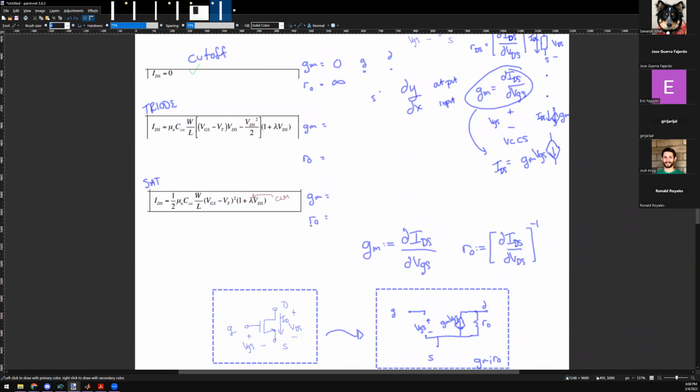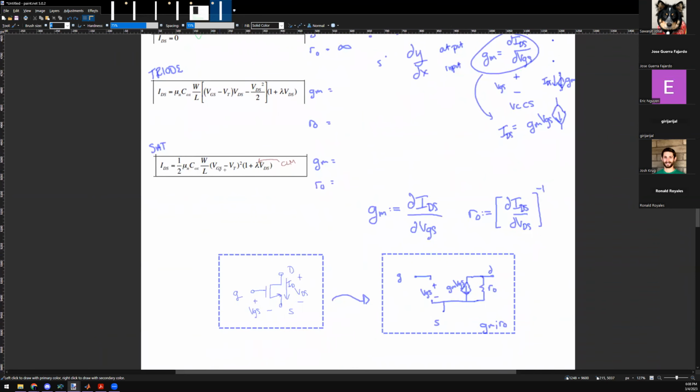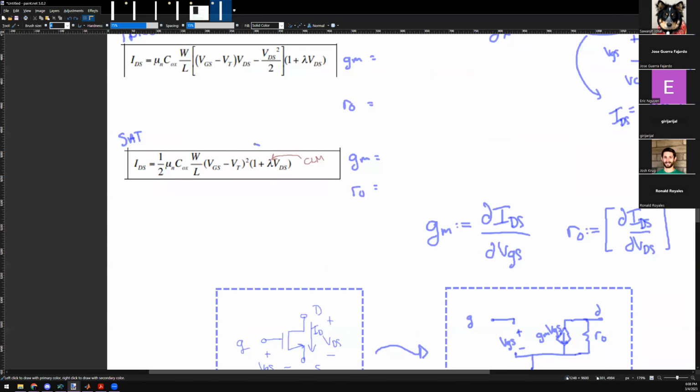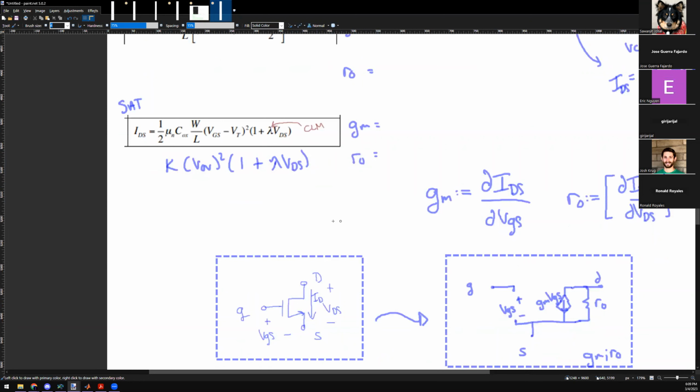So one of the questions was about RO here. Let's derive it. IDS is equal to K V overdrive squared times 1 plus lambda VDS. To get R naught, that's dIDS over dVDS, inverted.